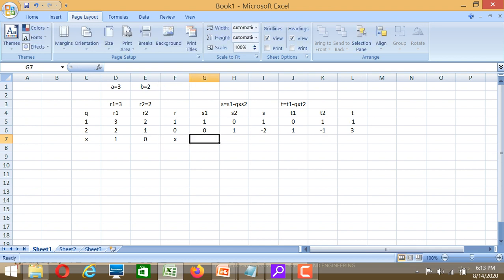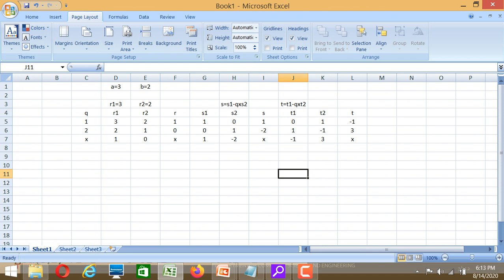Now the new S1 is the S2, which is minus 2. No need to calculate this one. The T2 becomes T1, that means minus 1. This 3 becomes T2. No need to calculate this one.